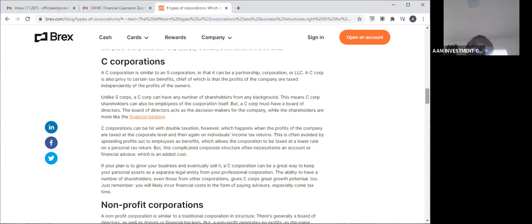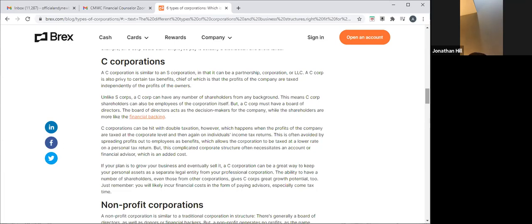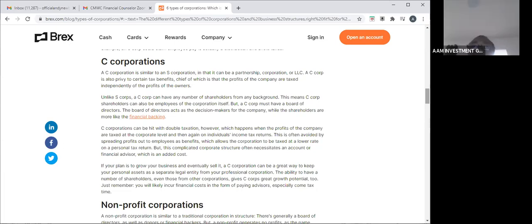So most nonprofits are C Corps. Absolutely. In fact, all nonprofits are C Corps. You cannot be an LLC and be a nonprofit, and you cannot be an S-Corp, because one person can own an S-Corp.